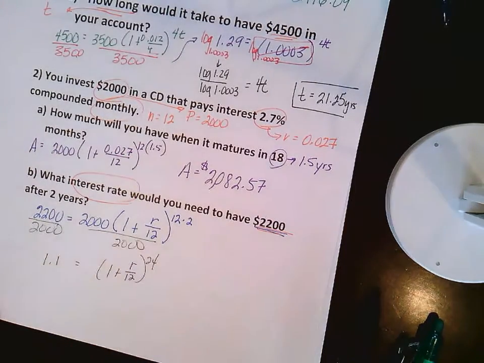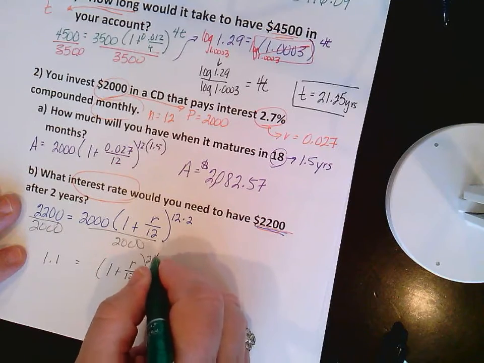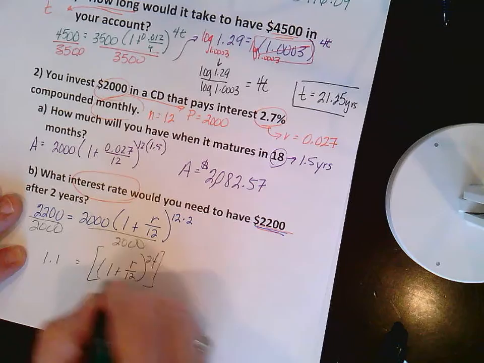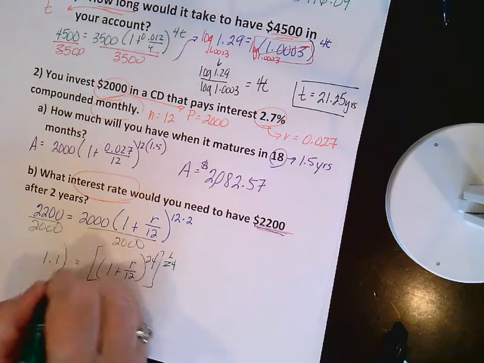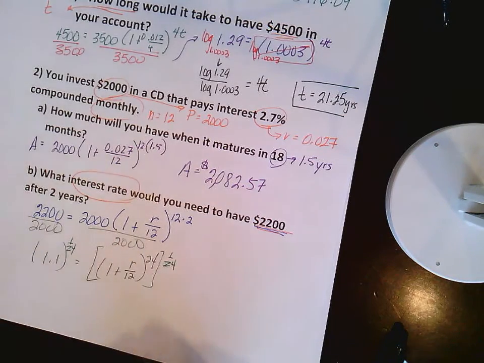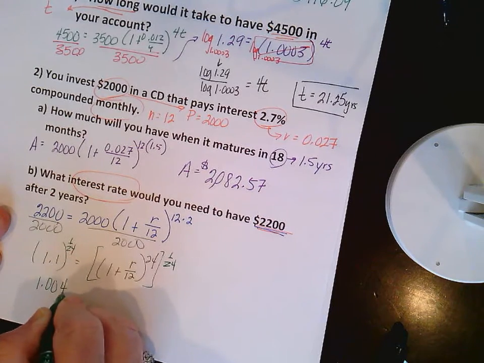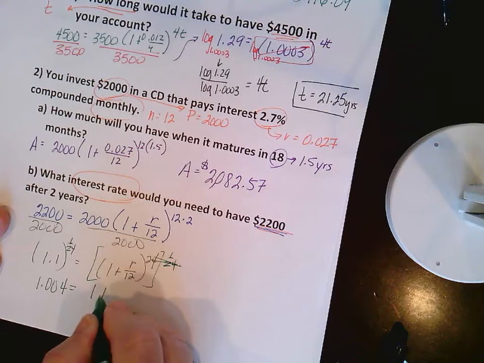To undo the 24th exponent, I'm going to multiply that times 1 over 24. That's like taking the 24th root. So I'm going to take this to the 1 over 24. And I get 1.004 equals, this will cancel each other out, so then I'm left with 1 plus R over 12.